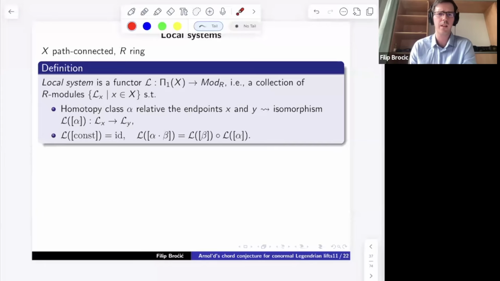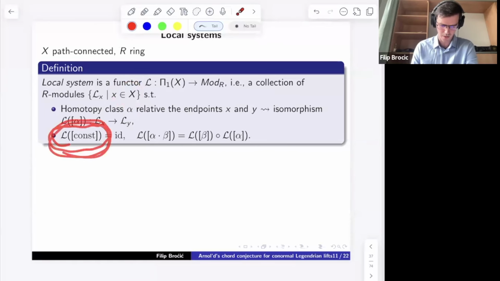Or put differently, it's a collection of R-modules L_x, where x runs over the topological space, such that each homotopy class alpha relative to the endpoints x and y induces an isomorphism from the fiber L_x to the fiber L_y, and the map induced by the constant homotopy class is the identity.